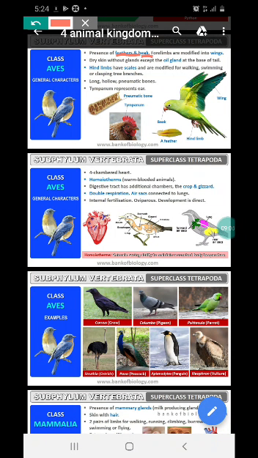And the limbs are modified into wings, and they have dry skin without any glands, whereas in frogs and all, you find the skin is moist with the mucus secretion, right? Here the skin is completely dry except the oil gland at the base of the tail.